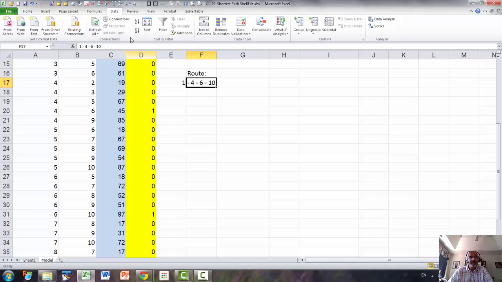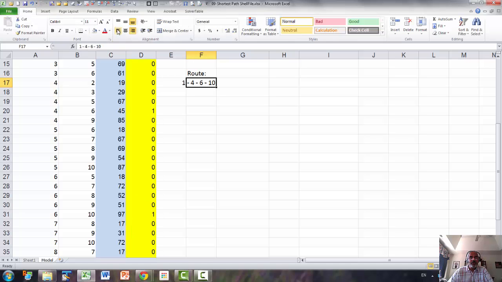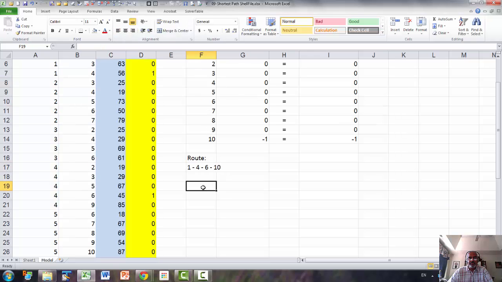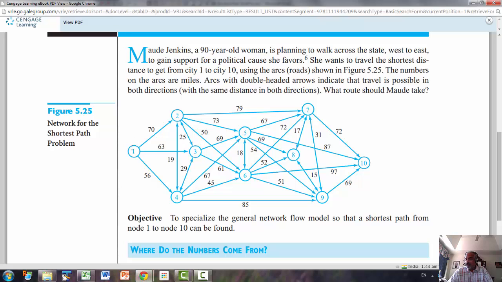That's the shortest route possible. So let's look at the route. You go from 1 to 4, 4 to 6, 6 to 10. So that's the shortest route.